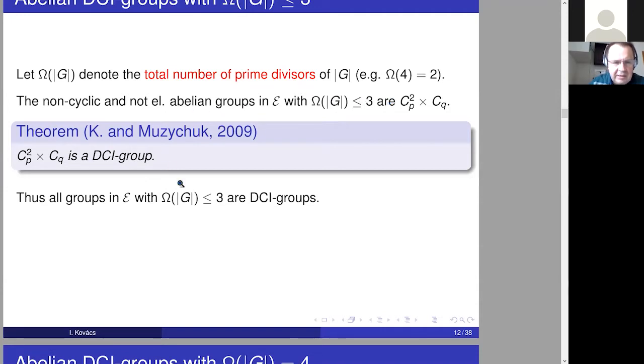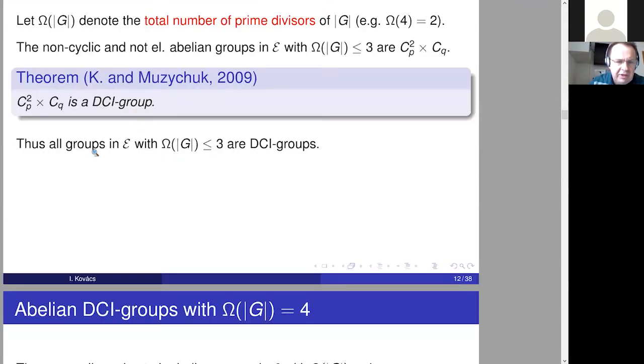And for that case, Misha Muzychuk and myself proved that the group is indeed a DCI group. And we can conclude that all groups with at most 3 prime divisors are DCI.